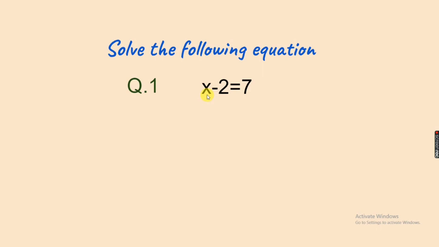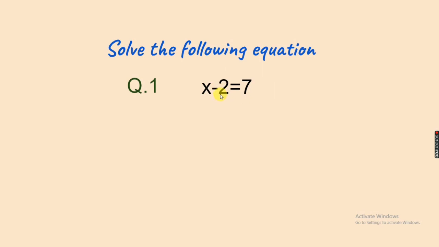If we have to find the value of this x, then what do we have to do? We have to remove this constant. We have to shift this constant to the other side, or we would transpose this minus 2 to the other side. Then it would give us the value of x.